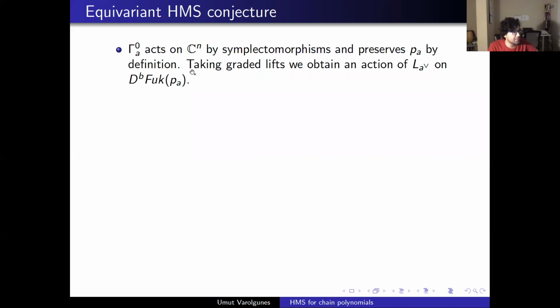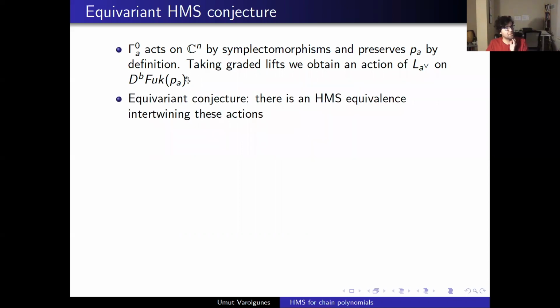But of course, we know that in Fukaya categories, it's not the symplectomorphisms that act, but their graded lifts. So graded symplectomorphisms act on it. For every symplectomorphism, you have Z many choices of lifting it to an actual automorphism of the Fukaya category. By taking graded lifts, you can prove, there's something to prove here, that you actually obtain an action of the same group on the Fukaya category.